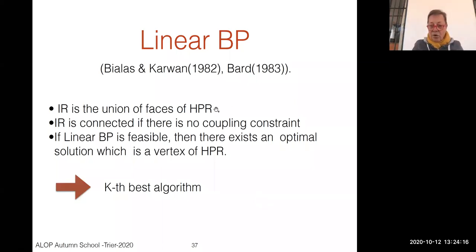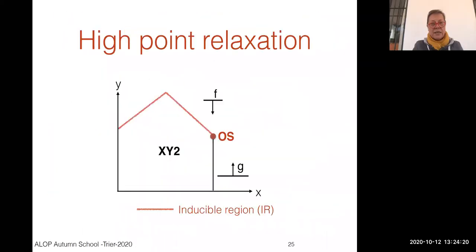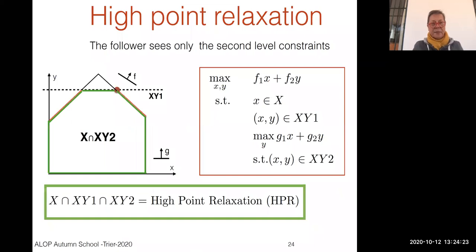So I will go back to my drawing here. If this is the high point relaxation here, the feasible domain of the high point relaxation is the set of points that satisfy all the constraints of the first and the second level.